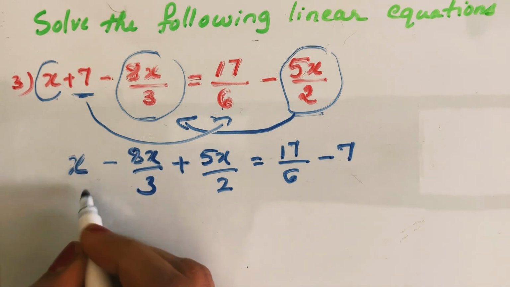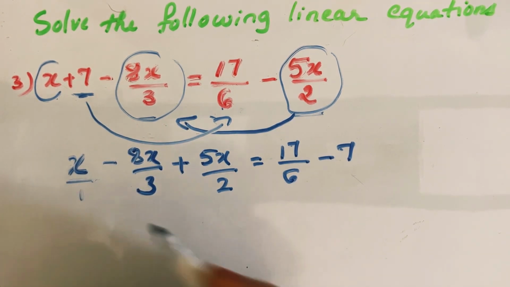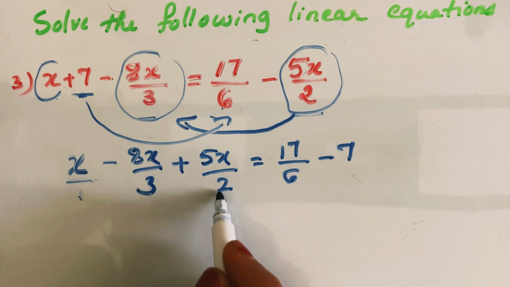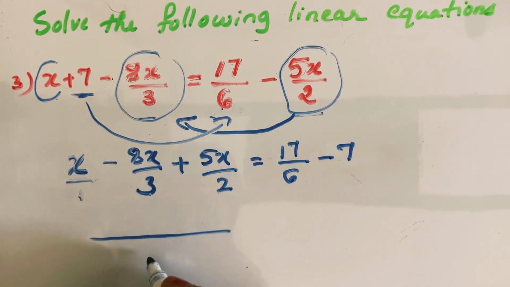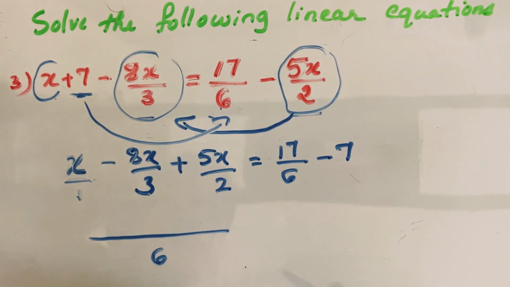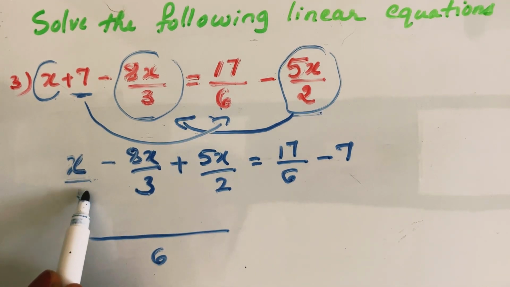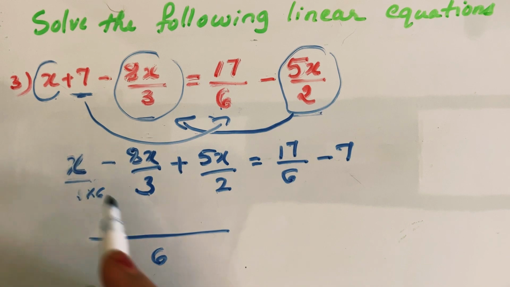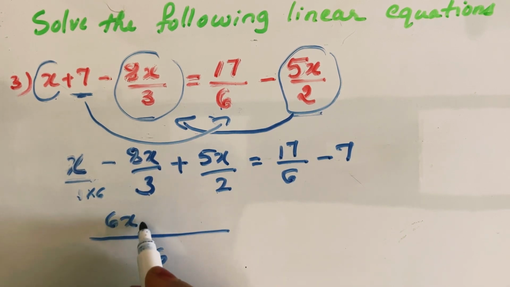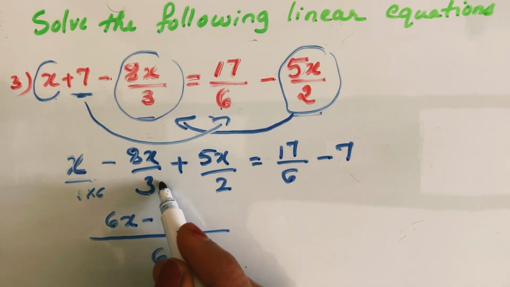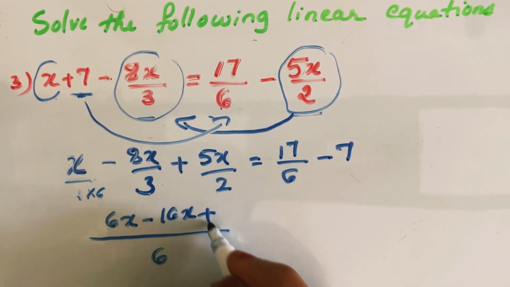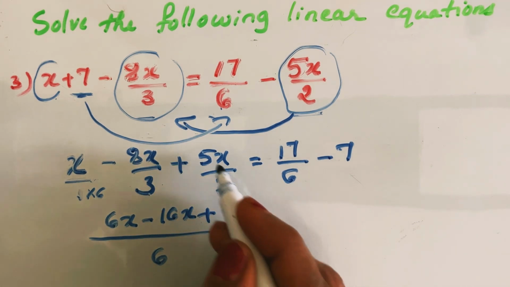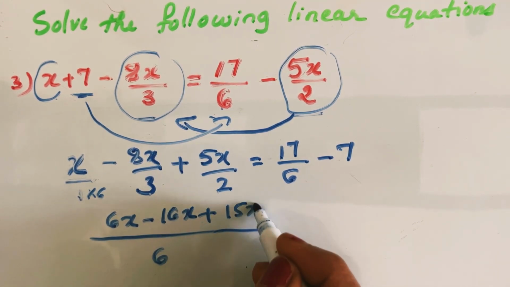So x is nothing but x over 1. So 1, 3, 2. LCM is 6. Here 1 times 6, so x times 6 is 6x, minus 3 times 2, so 8x times 2 is 16x, plus 2 times 3, so 5x times 3 is 15x.